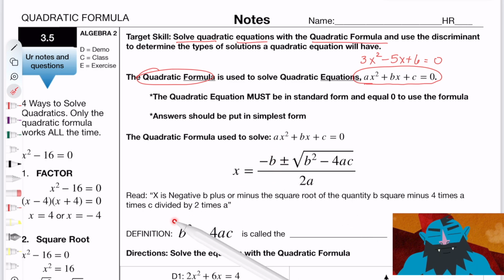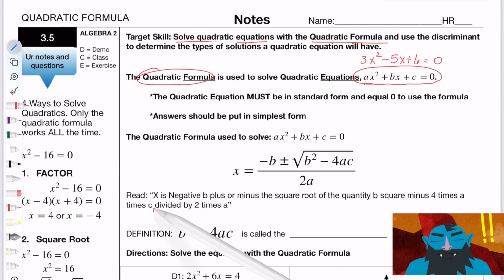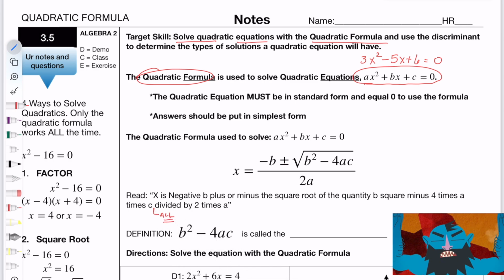All right, and see how we read this quadratic formula. x is negative b plus or minus the square root of the quantity b squared minus 4ac, and I should probably add a word in here like all divided by 2 times a.